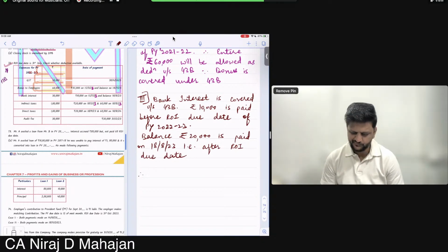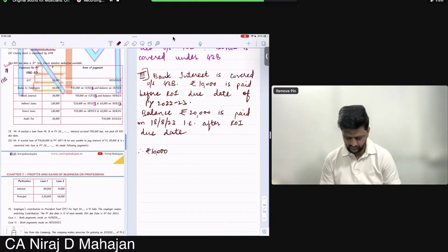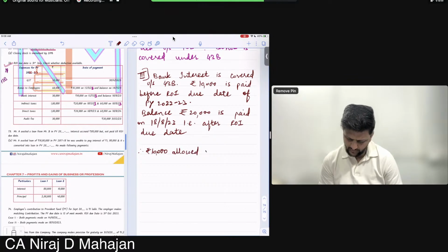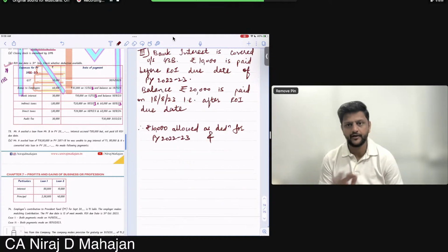Therefore, rupees 10,000 allowed as deduction for PY 22-23. Only that much will be allowed.